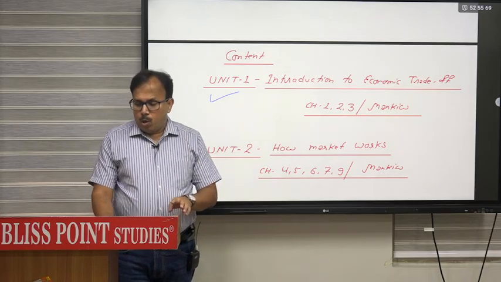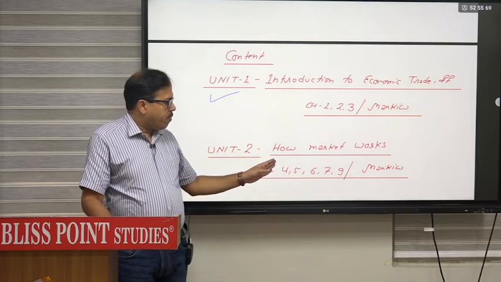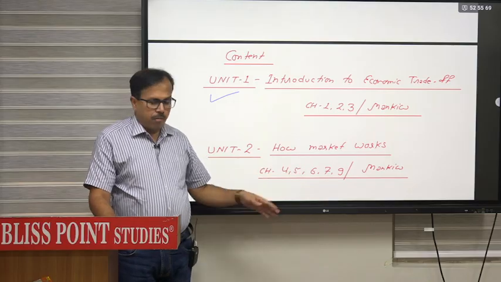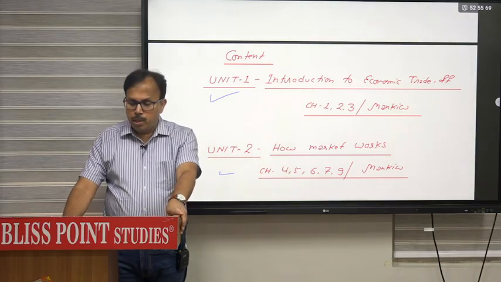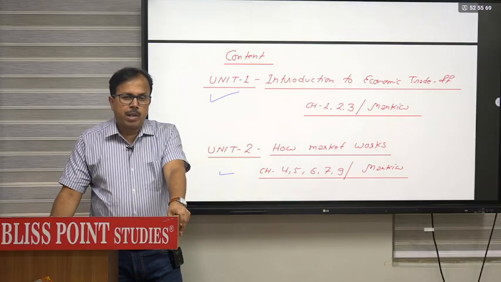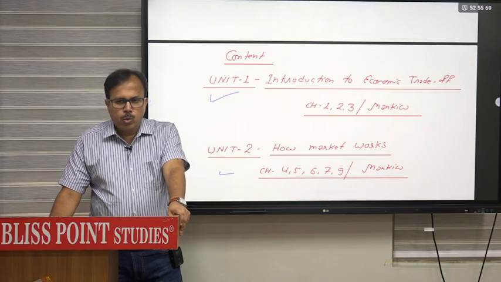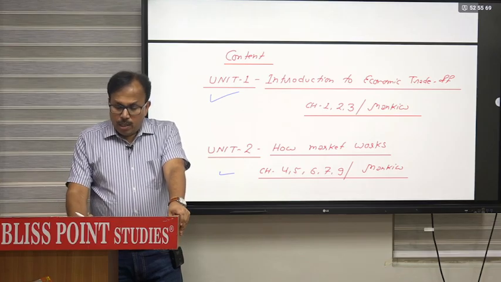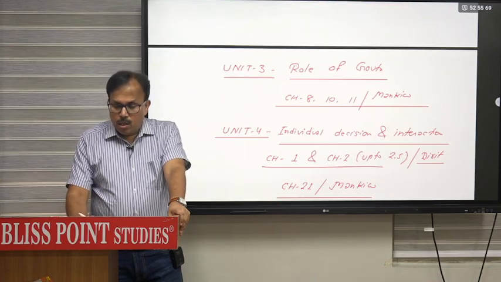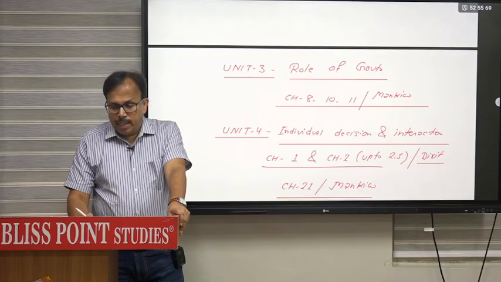Unit number 2, how markets work, chapter number 4, 5, 6, 7 and 9, 5 chapters here. So the main content, more weightage you can say, is for unit number 2. Then unit number 3 is role of the government, chapter number 8, 10 and 11.